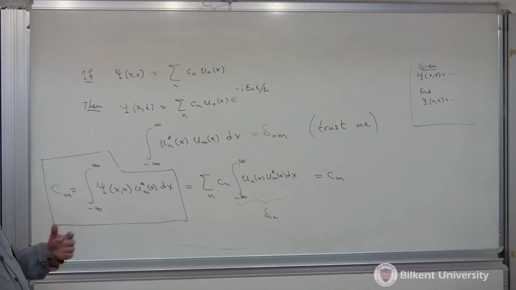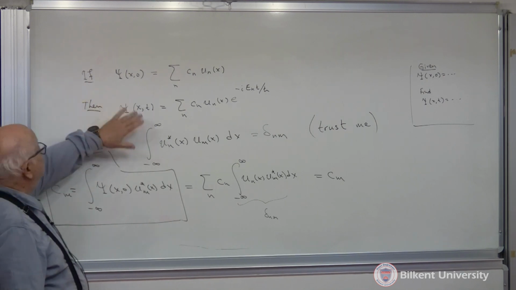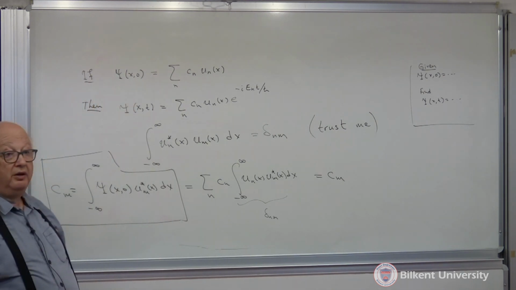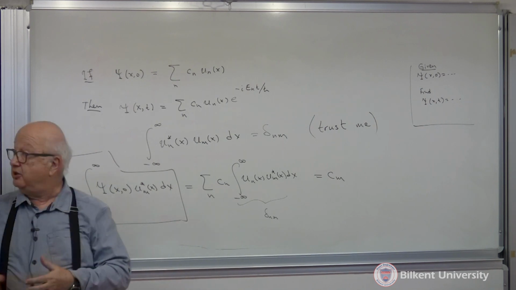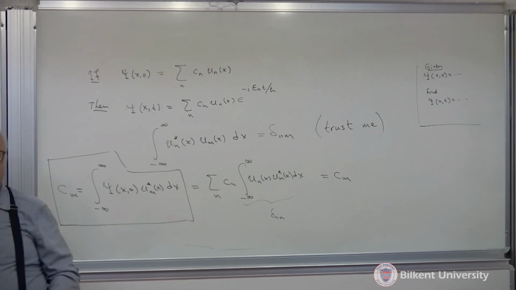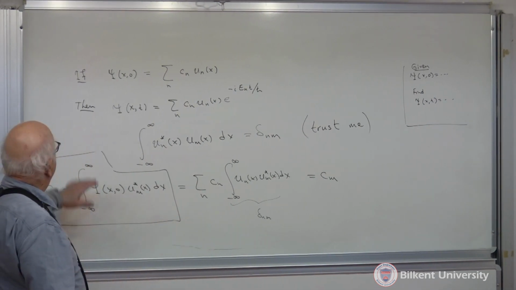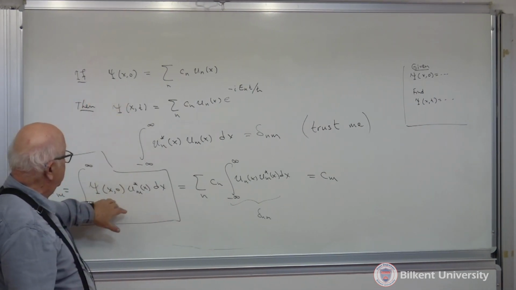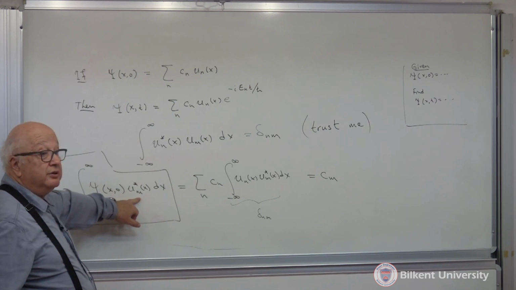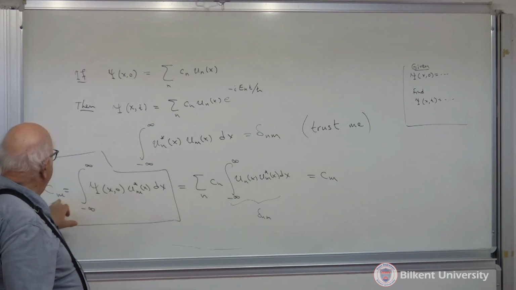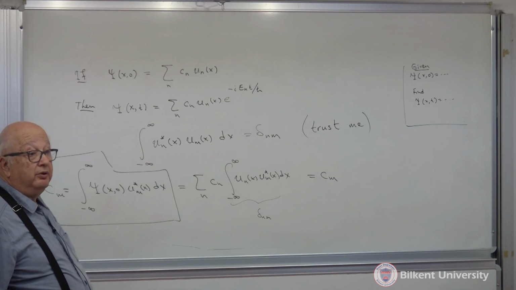Okay, so let's go back to our scenario for solving any general quantum mechanical problem. Someone gives us an H and someone gives us an initial condition. We solve H and determine all these UNs and ENs. That's the difficult part. And then we use the initial condition and the eigenfunctions to determine these expansion coefficients.